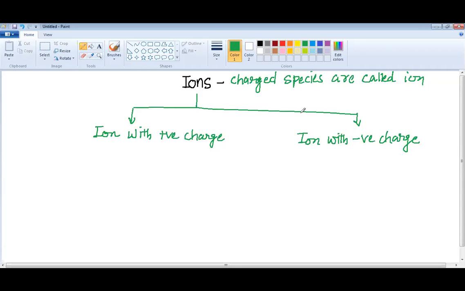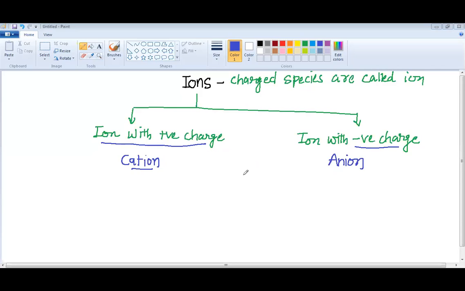One is the ion with the positive charge, another is the ion with the negative charge. The ion with the positive charge is known as the cation, my dear students. The ion with the negative charge is known as the anion, my dear students.